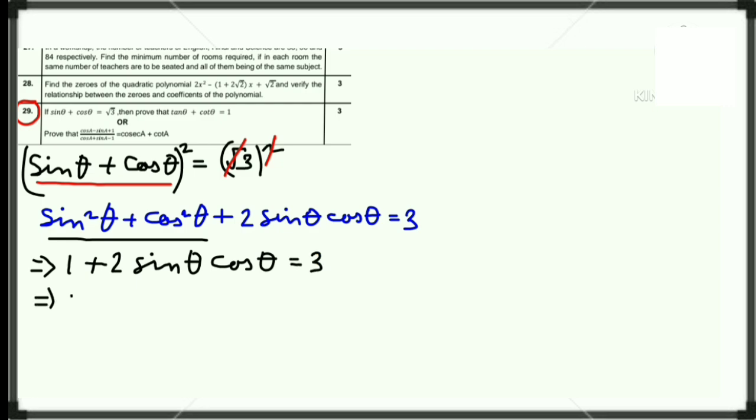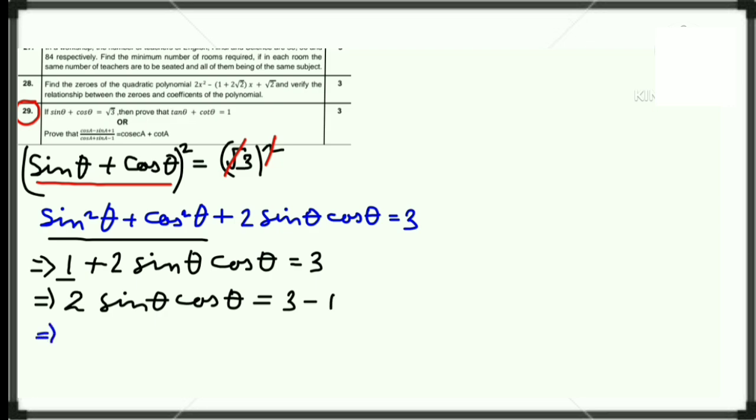Again, 2 sin theta cos theta equal to 3, and this plus 1 goes to RHS and becomes minus 1.